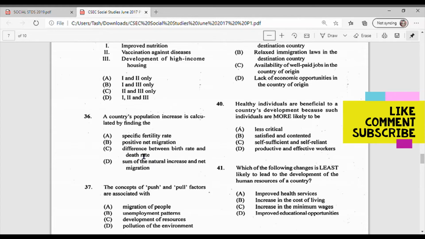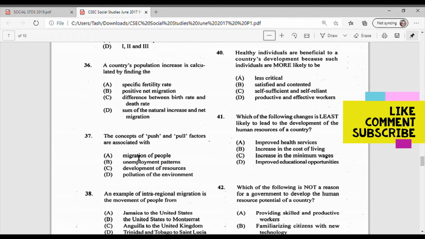The answer for that would have been the difference between birth rate and death rate. It is possible that when you calculate the difference between birth rate and death rate, that you do not end up with a population increase, but you end up with a population decrease. But from the options that are there, this one would have been your best suitable answer. So it would have been letter C for your answer.